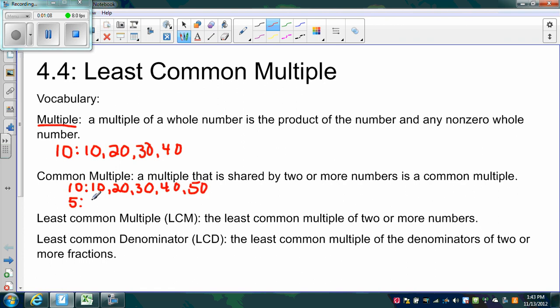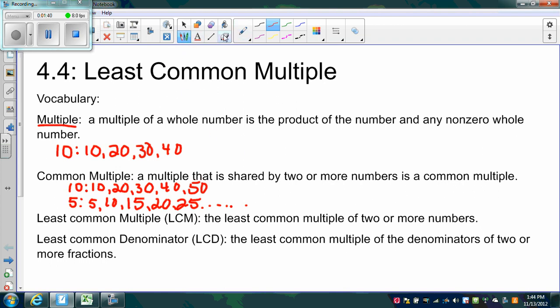And here we'd have 5, 10, 15, 20, 25, and so on. So in this case, common multiples would include the 10, the 20, eventually the 30, 40, and 50, because 5 goes into 10. Even though 5 has some of these, 5, 15, 25, that don't count, and they're not common.